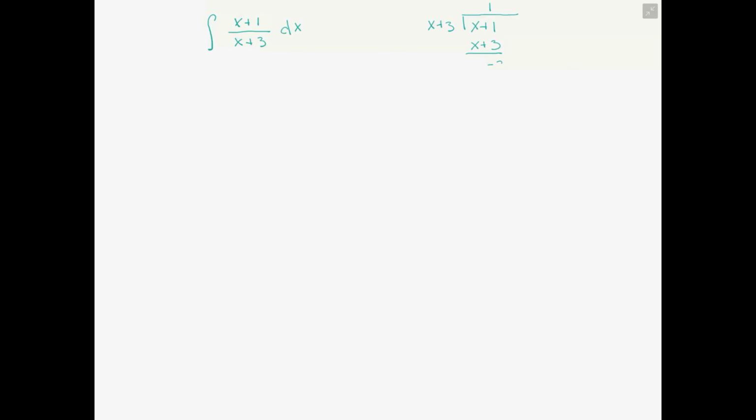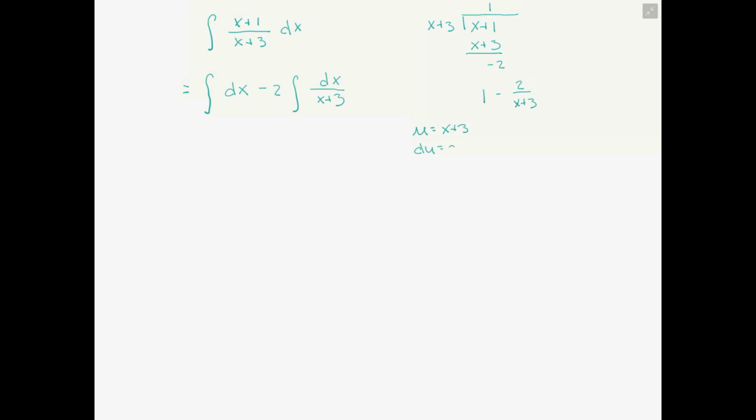Let's say we have x plus 3 into x plus 1. So we say 1 goes into it one time, so we have x plus 3, and that's subtracted from x plus 1, so that's minus 2. So we have 1 minus 2 over x plus 3.